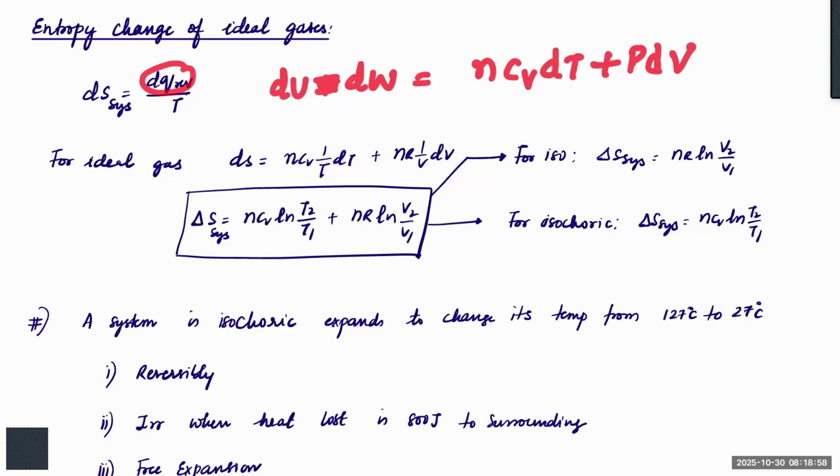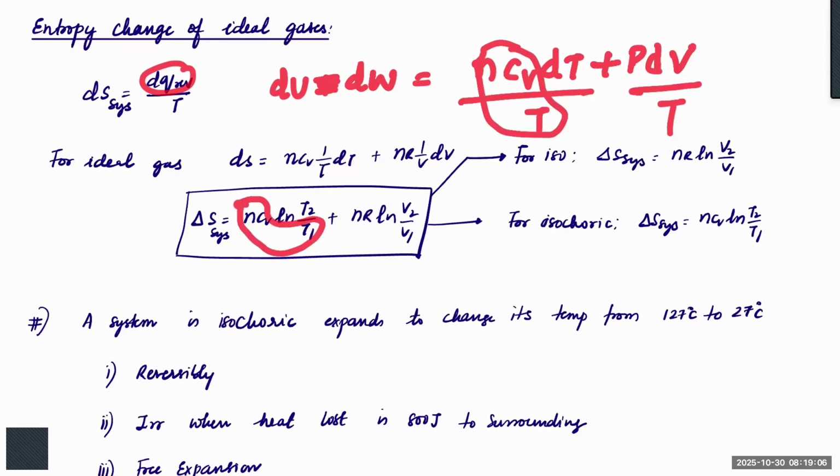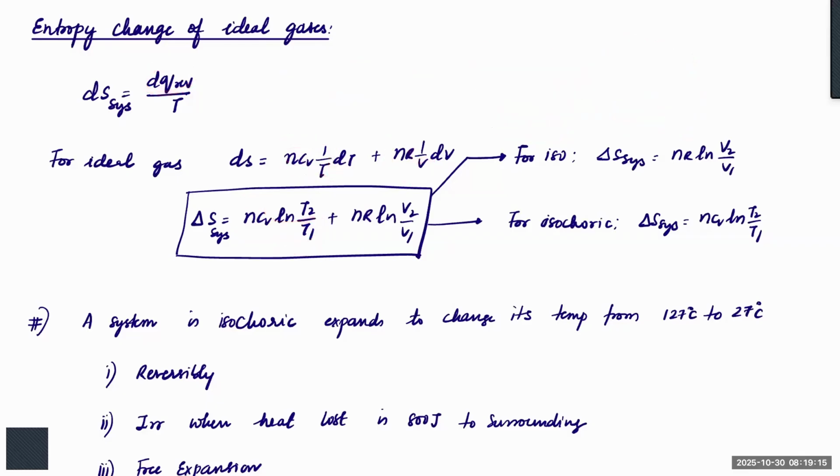Clear? So if I divide by T, I can write this one as nCv by T. Here I have written nCv by T. And P by T can be written as nR by V. So that's how I equate for an ideal gas. Then on integrating, I will get the value as nCv ln T2 by T1 plus nR ln V2 by V1.